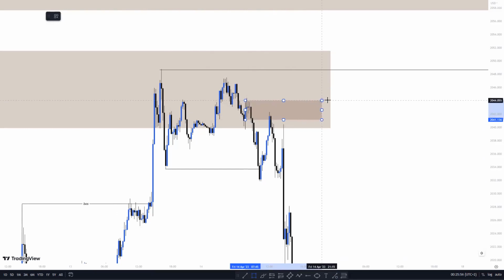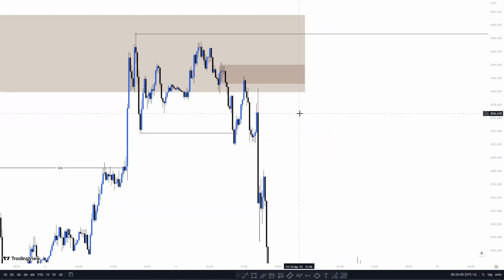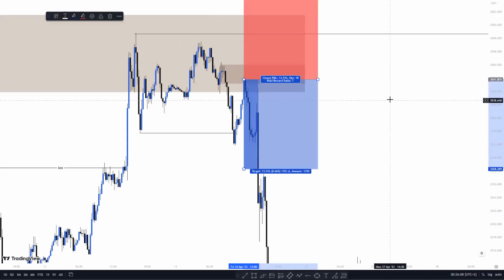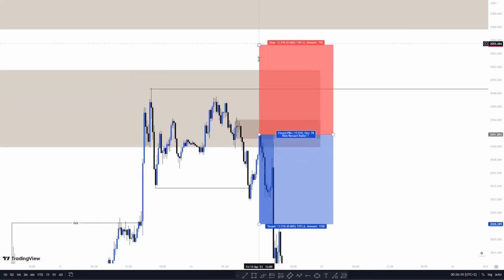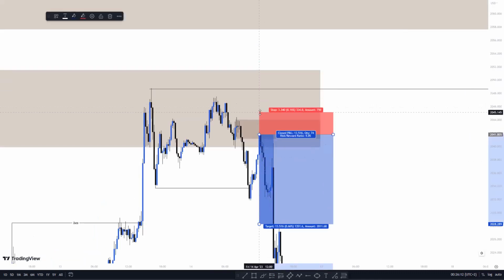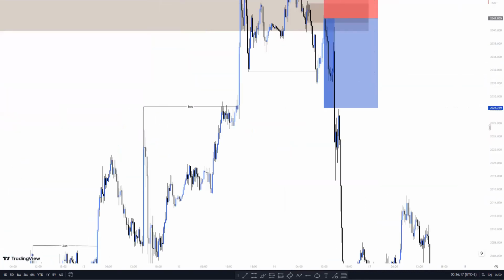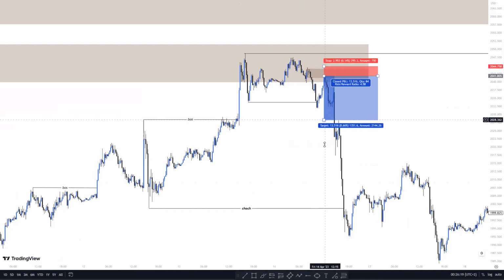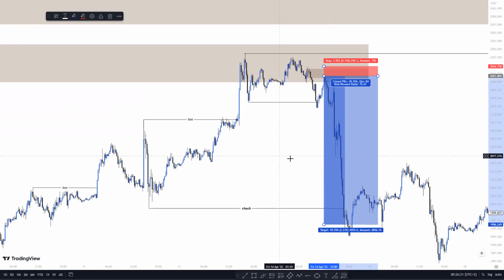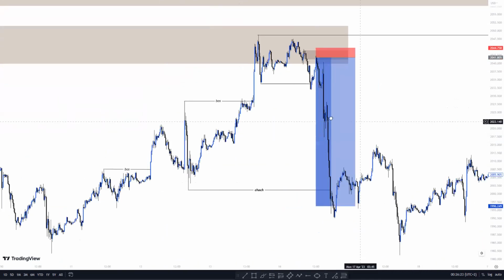Yeah, this one I was definitely going to take it. If you can go and check, Euro CAD did the same thing exactly, and I remember I took it. So the moment the price makes your change of character, you have entered long ago.